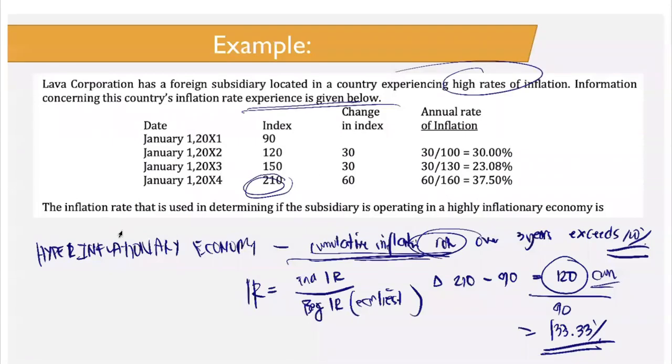Yes, because the cumulative rate for the last 3 years, first year, second year, third year, exceeds 100%. So when do we determine it is hyperinflationary? If the cumulative change exceeds or approaches 100%. But for problem solving purposes, the problem will always tell you whether it is hyperinflationary or non-hyperinflationary.